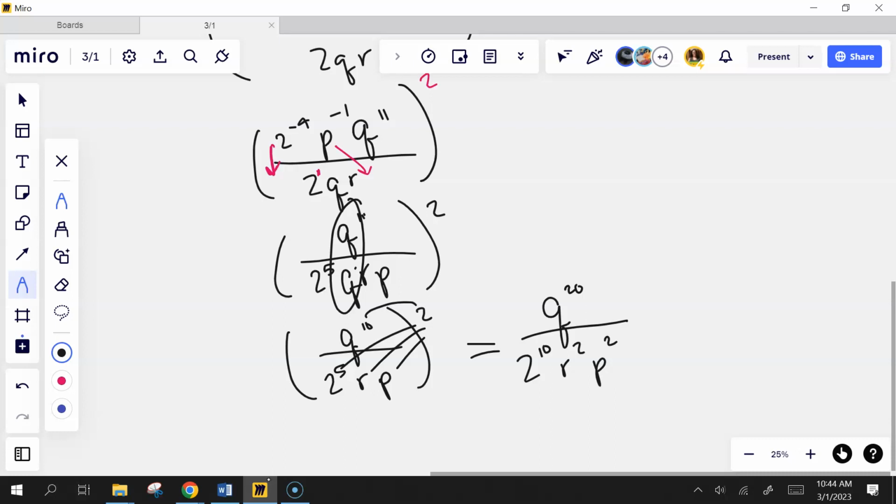What else? Hold up. How do we get 2, 5? Because wouldn't -4 plus, when you multiply the 2, that's not... Not yet. 4 plus 1. There was already a 2 down there.